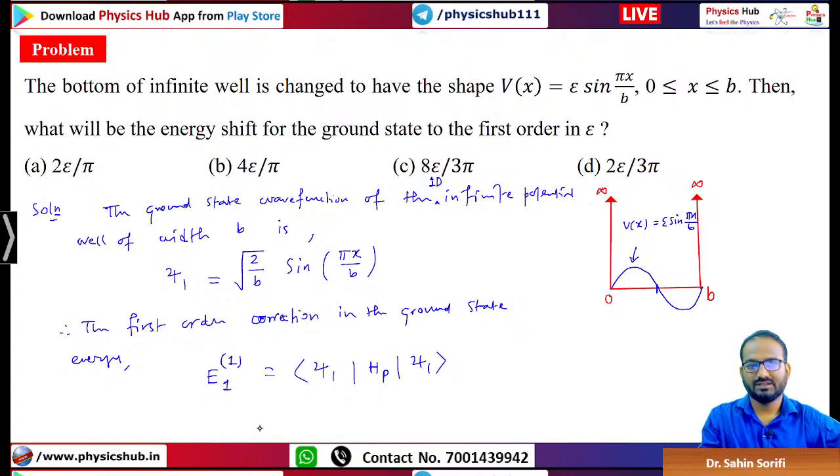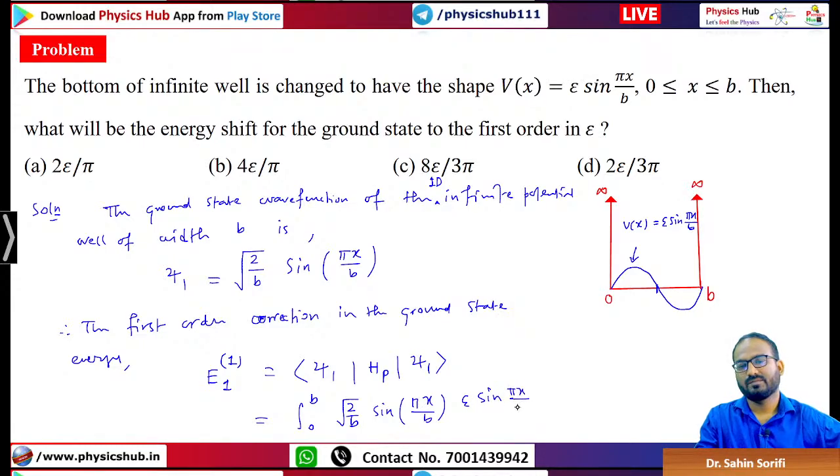This is the formula, right? So integral 0 to B, psi 1 star, which is square root of 2 by B sin pi x by B, H prime is V of x, epsilon sin pi x by B, and psi 1 again square root of 2 by B sin pi x by B.